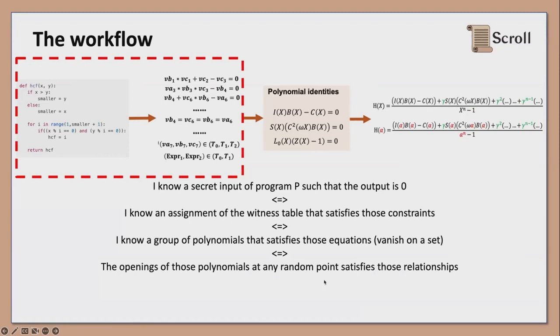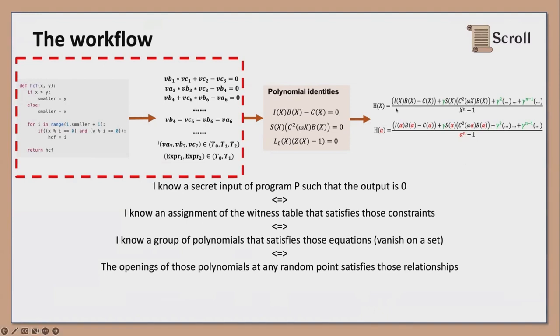And then the prover proves that the openings of those polynomials at a random point satisfy those relationships. Because previously, what the prover needed to prove is that I know a polynomial that satisfies the relationship, but the verifier would need to do a bunch of computation for polynomials, like division.